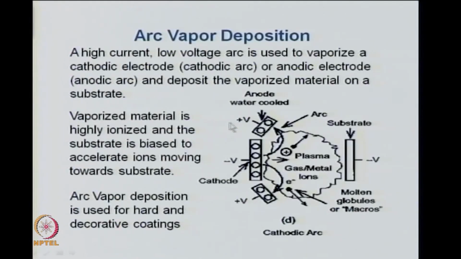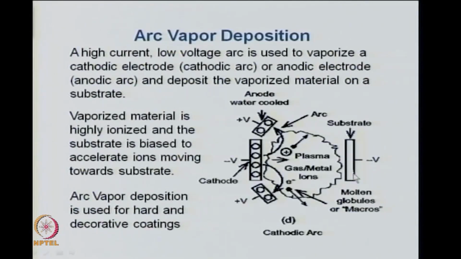So, basically a high current and low voltage arc is used to vaporize a cathodic electrode, which is called the cathodic arc, or an anodic electrode, which is called the anodic arc, and deposit the vaporized material on a substrate.